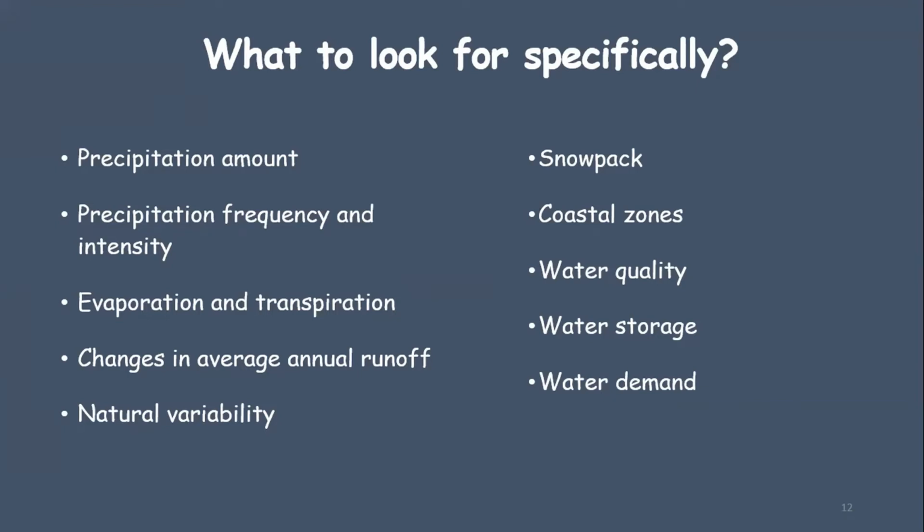What is the natural availability? How is the snowpack changing over the area? How are the coastal zones being affected? Is the water quality improving or degrading, what is the current condition of water storage, and what is the future demand for water as the population increases over the world? These are some basic key points we have to look at related to water resource management.